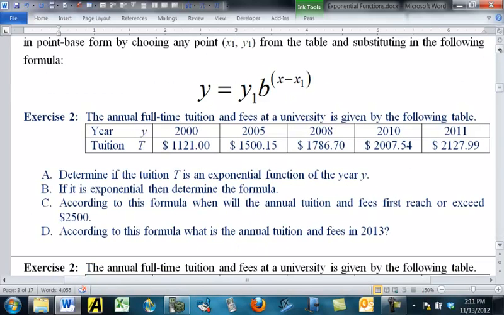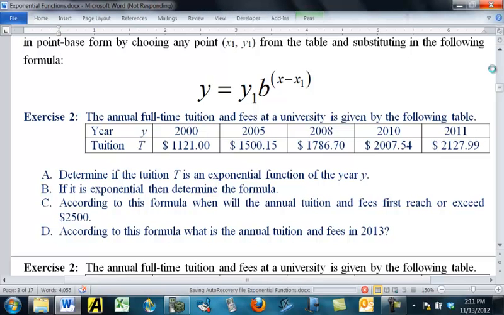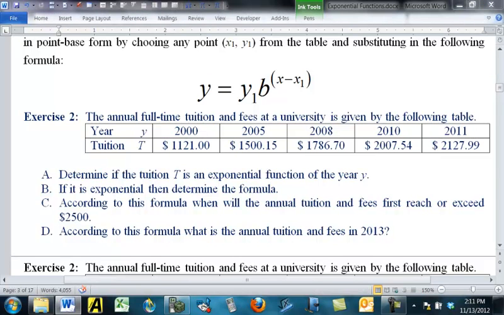Here we are. Okay, so here we have a table where we're going to call the input y. Now normally we use y for the output, but this time I chose y for the input because it's the year, and I didn't use t for the year because I want to use t for tuition. So we have tuition. The annual full-time tuition and fees at a university is given by the following table.